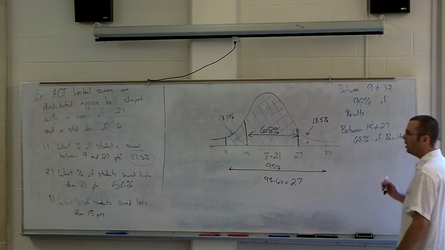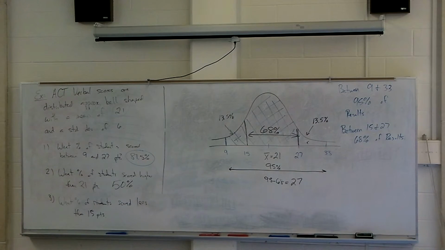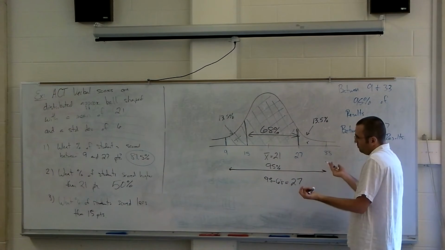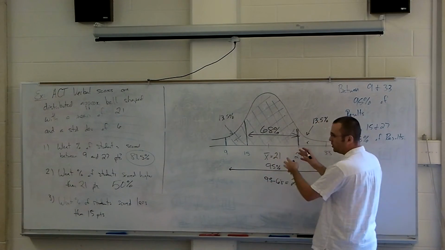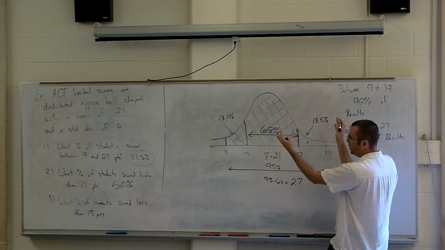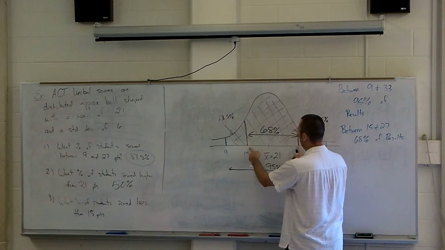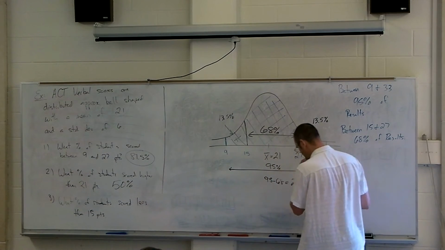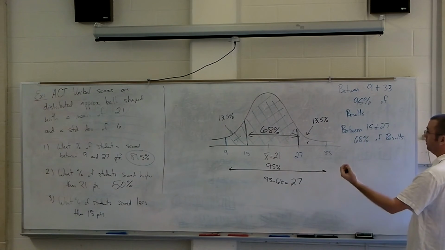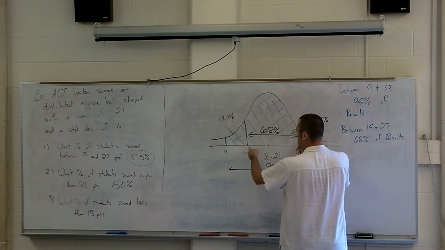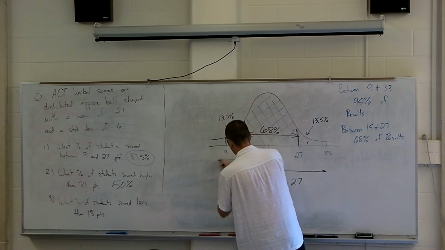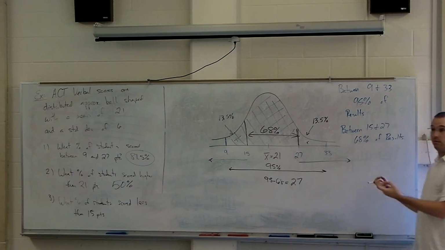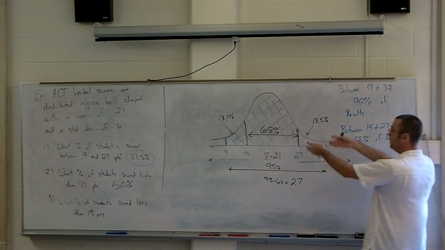And now finally we can get to our last question here. What percentage of students scored less than 15 points? We're going to answer this question again using the overall shape of this picture. I know that 68% of all of my data is between 15 and 27. How much is on the outside then? If this is 68%, the amount here and the amount here have to be the rest of the data, right? 68% is in the middle.